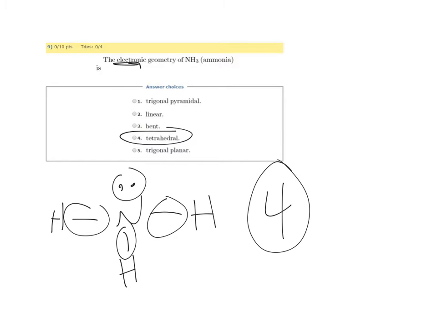When in doubt, electron geometry is tetrahedral. That's going to be the answer most of the time. Now, if we were looking for the molecular geometry, it would be different because molecular geometry is affected by this lone pair, and then it would be trigonal pyramidal. But since we're looking at electronic, we can just count up the number and then know that 4 is always tetrahedral, and that's the most common by far.